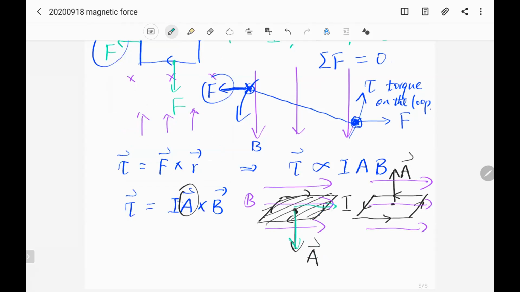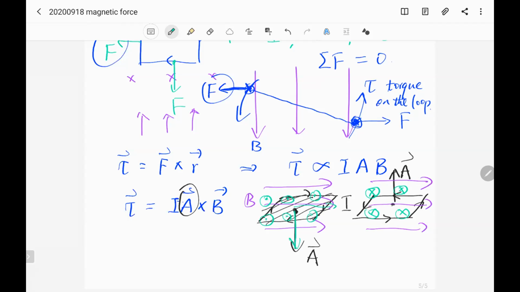Then the torque is going out of the page. This is the torque. And the same thing, if the loop is this way, B goes right, A goes up, A cross B, so the torque goes in. This is the torque going in.